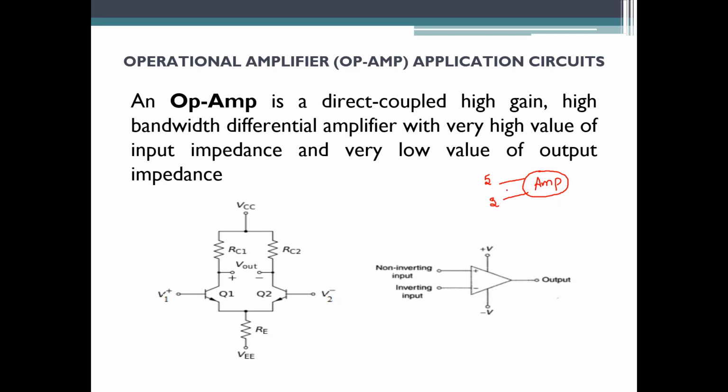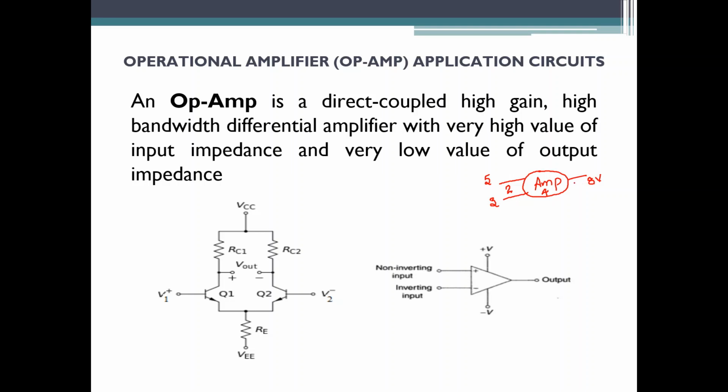So it takes 2 volt as input, and that 2 volt will be amplified as per the amplification factor. For example, if the amplification factor is 4, the output will become 2 into 4, which will be 8 volt. This is what is called a differential amplifier.